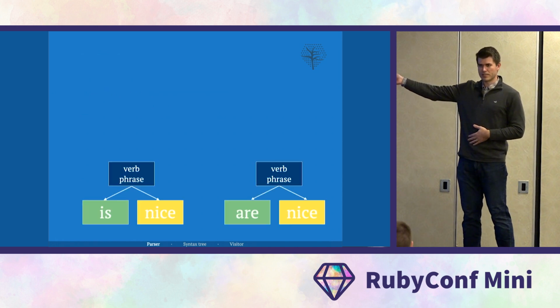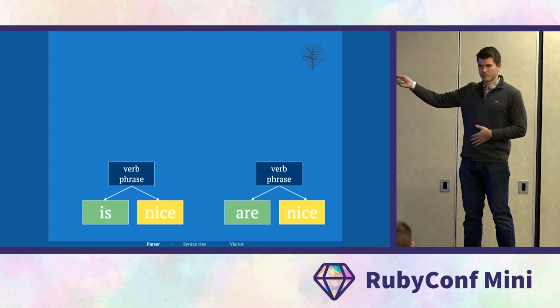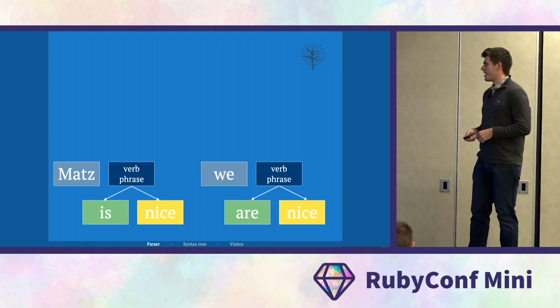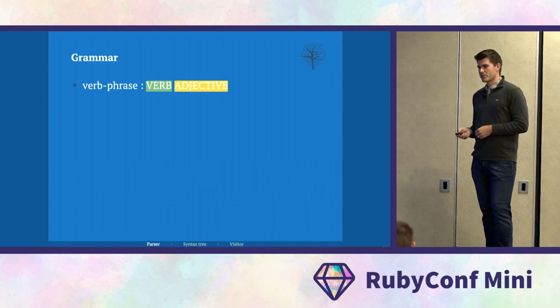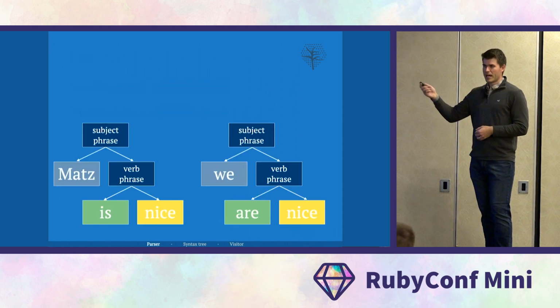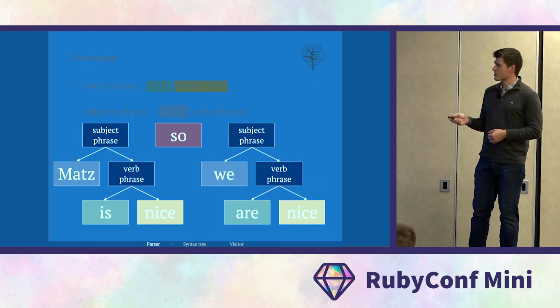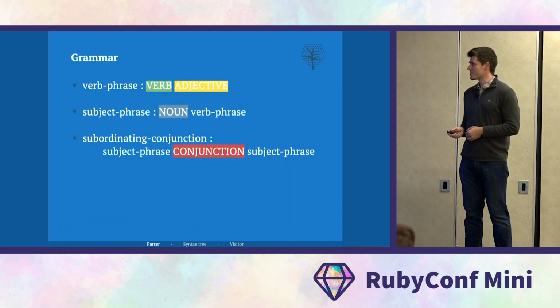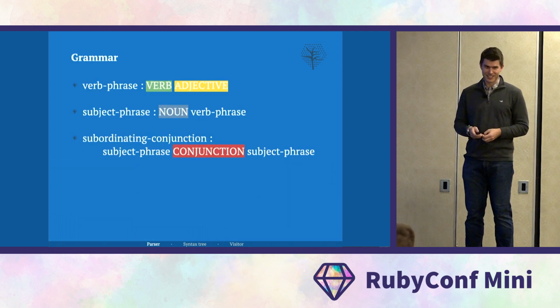You might see these are two little tiny trees. Maths and we, these are both nouns. At least they function as nouns in this sentence. So we're going to call this a subject phrase. A subject phrase is a noun followed by a verb phrase. Okay? Now we have a bigger tree. If we add the word so, that's a conjunction. I had to look this up, but turns out this is a subordinating conjunction.